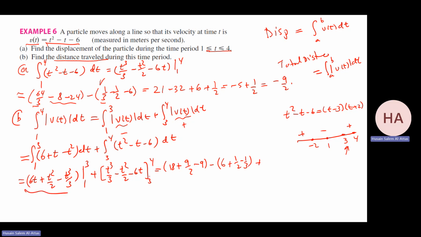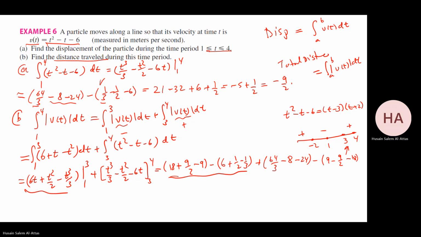Plus, this is this one. Now at 4. 64 over 3, 16 over 2, which is 8, minus 24. Minus at 3. 3 cubed is 27, that will be 9 minus 9 over 2 minus 18.